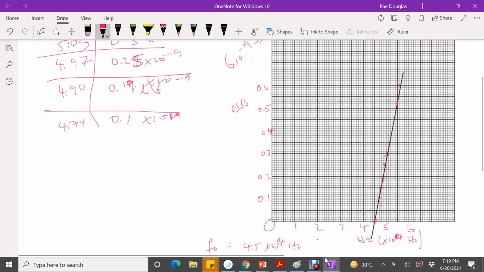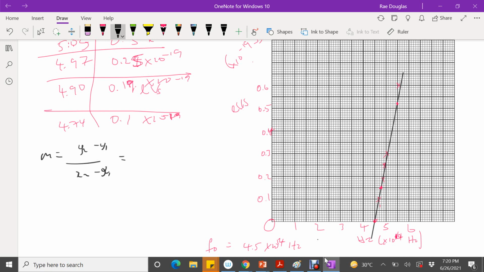So we just want to find Planck's constant mainly. What you must understand is that the gradient for this is equal to Planck's constant. So what we're now seeing here is y2 minus y1 divided by x2 minus x1.